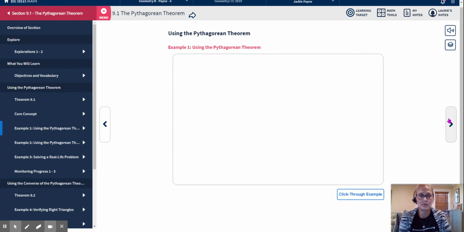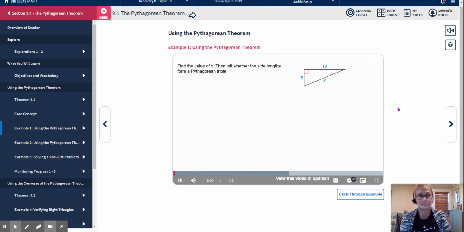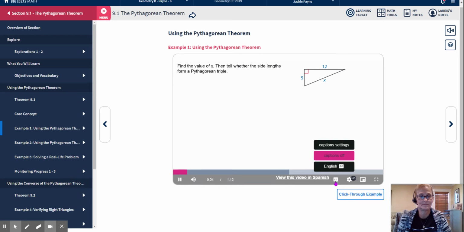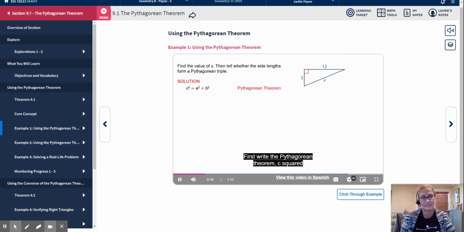All right, so here's what we do. We're going to use the Pythagorean theorem, show you an example. Find the value of x. Then tell whether the side lengths form a Pythagorean triple. Solution. First, write the Pythagorean theorem, c squared equals a squared plus b squared. In this right triangle, the length of the hypotenuse is x, and the lengths of the legs are 5 and 12.